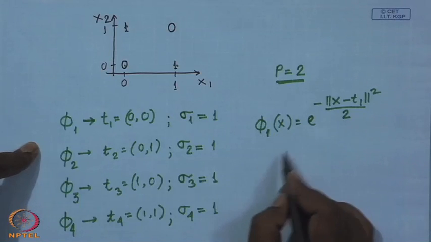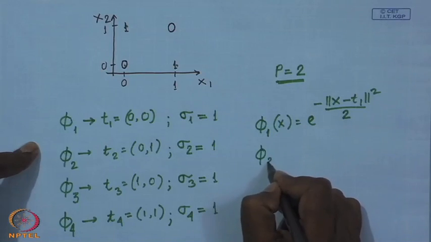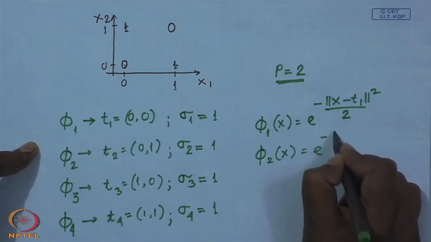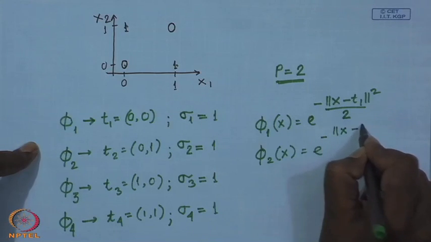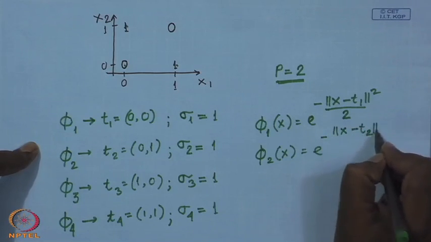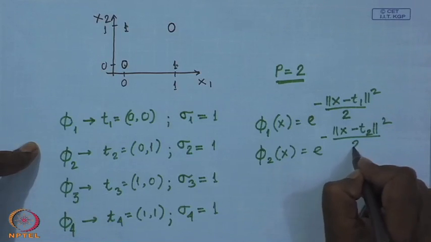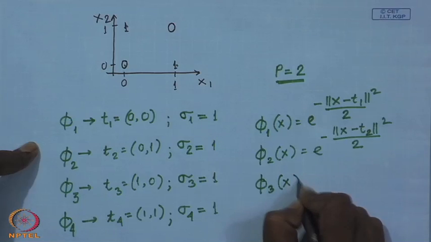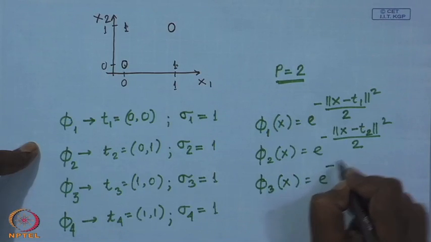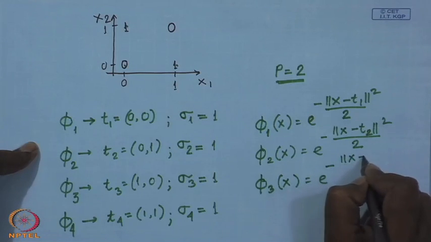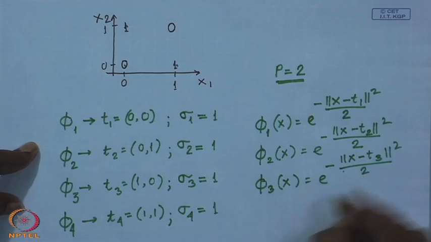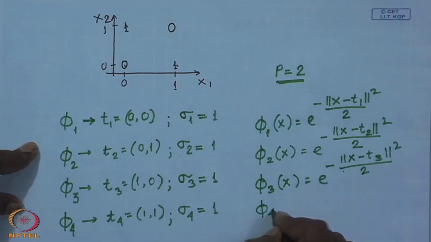Similarly, for phi 2 x, I will have e to the power minus x minus t 2 square upon 2, phi 3 x will be e to the power minus x minus t 3 square upon 2 and phi 4 x similarly.